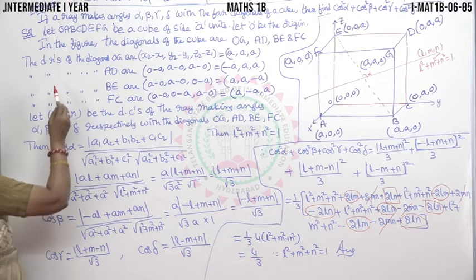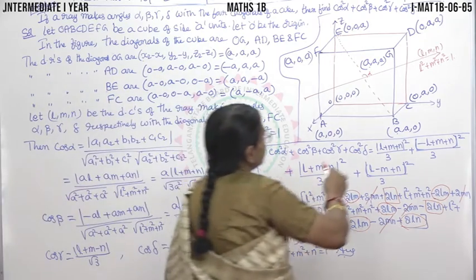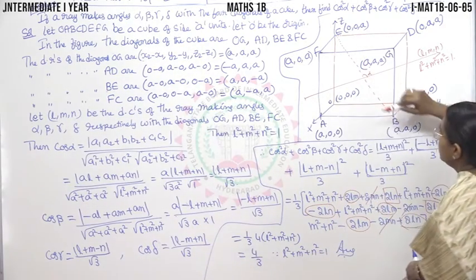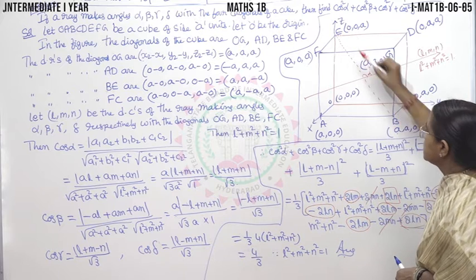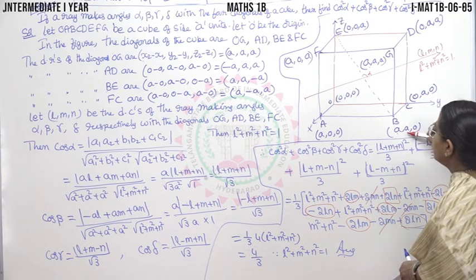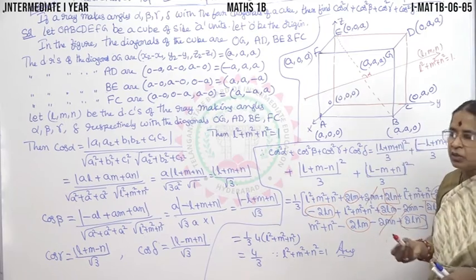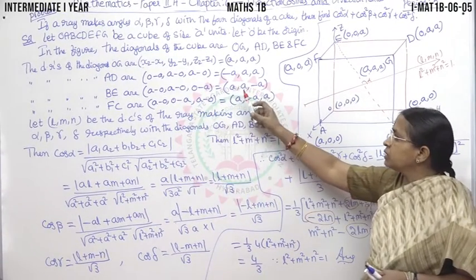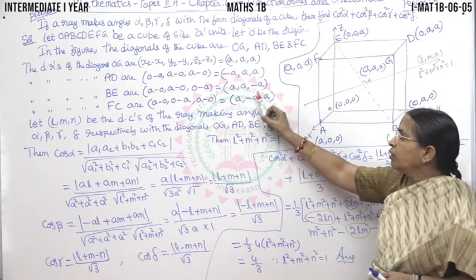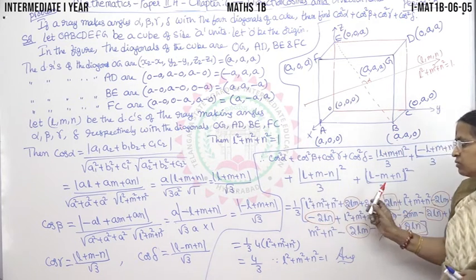So as I said, when you take the direction ratios of BE, if you subtract 0 minus A, 0 minus A, A minus 0, you will get 2 negatives and 1 positive. Just avoid that. You can take it that way also, but avoid it, so that if you have only one negative sign, it is easy to simplify these values.